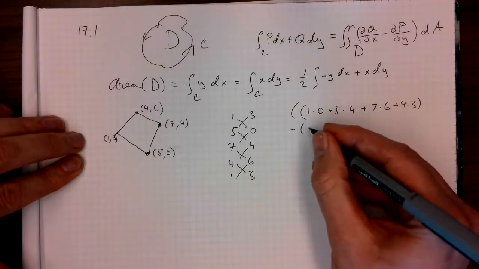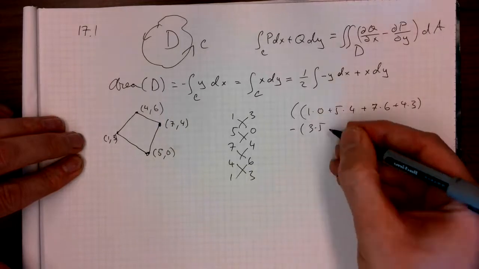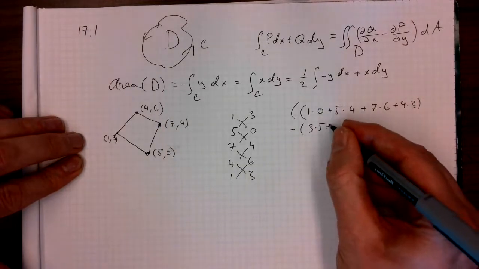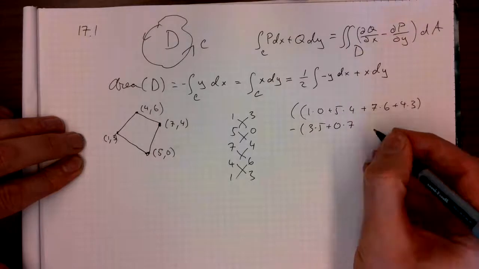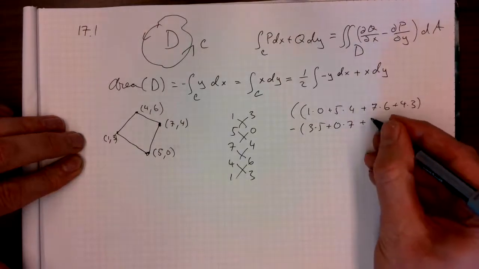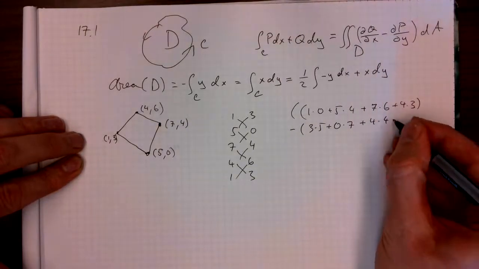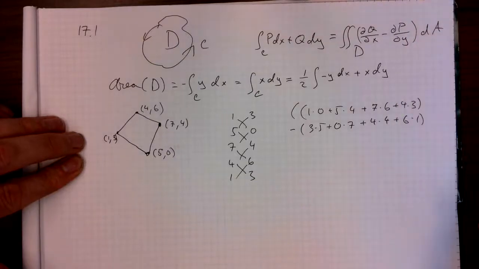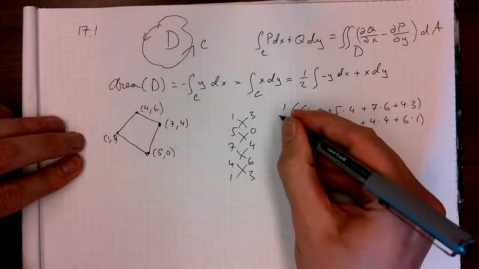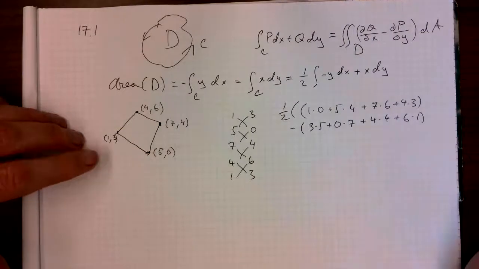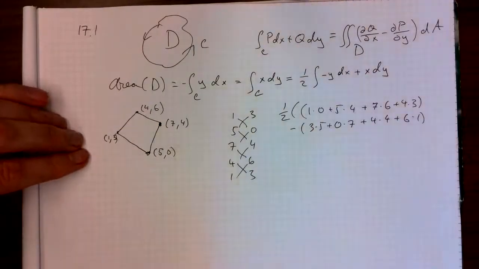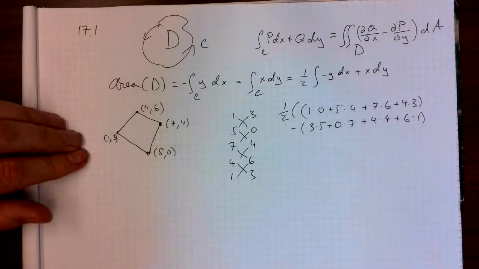So it's 3 times 5 plus 0 times 7 plus 4 times 4 plus 6 times 1. It's not quite the area, but 1/2 that is.